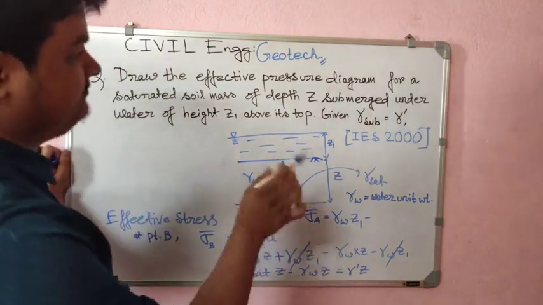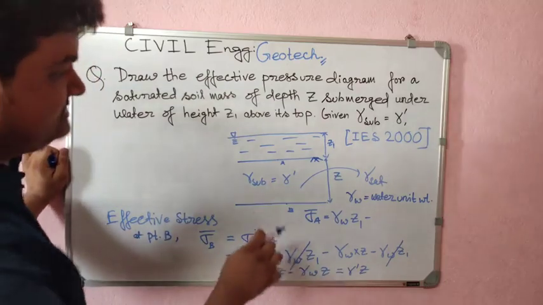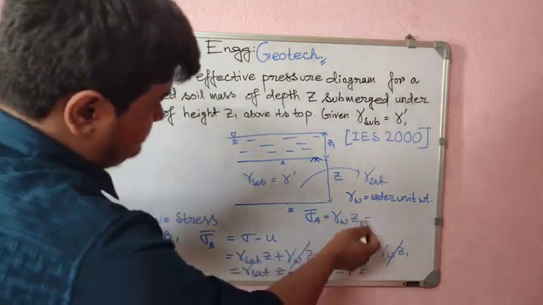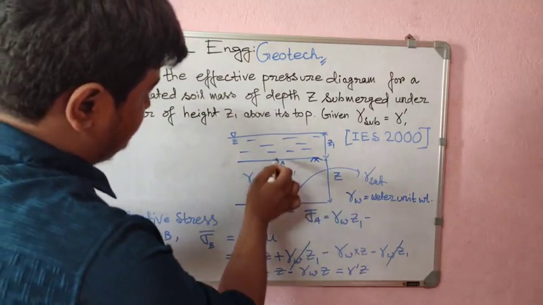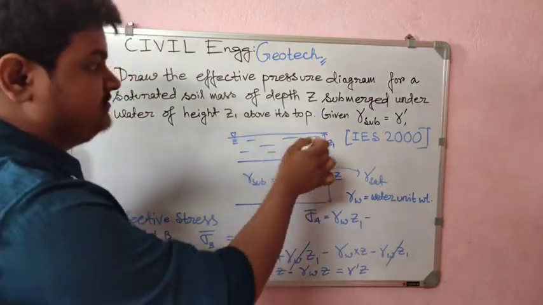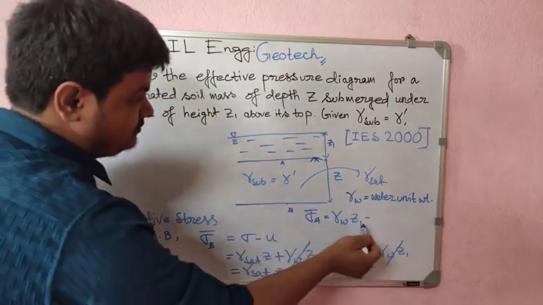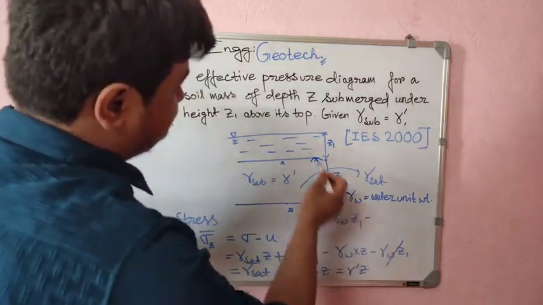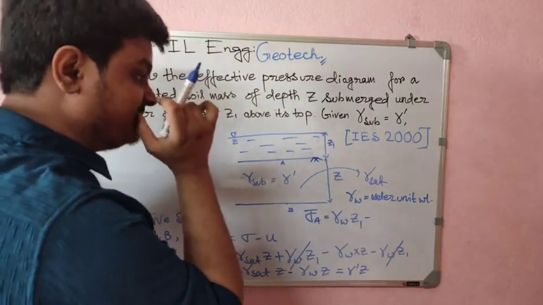And if you want to do it mathematically, take this point. The total stress on this point because of this water of height z1 is gamma w into z1, minus the pore water pressure.